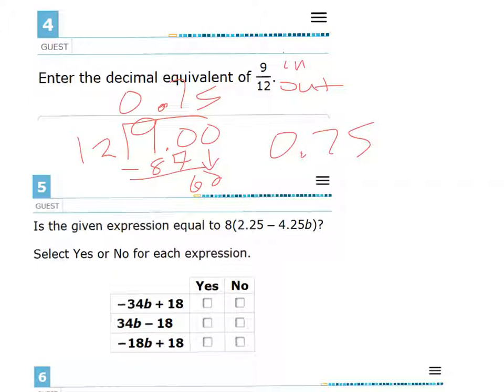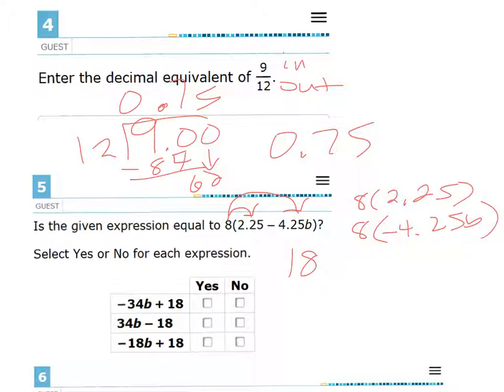So the first thing I would do is distribute the 8 to the 2.25, and I end up with 18. And then I'm going to multiply the 8 times the negative 4.25b. So I end up with negative 34b.